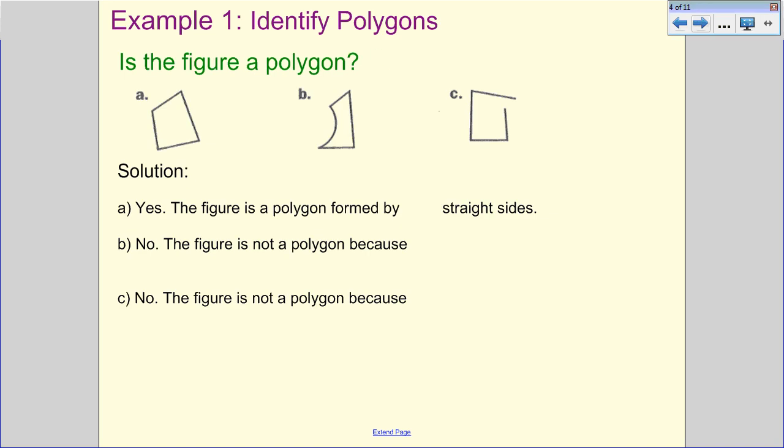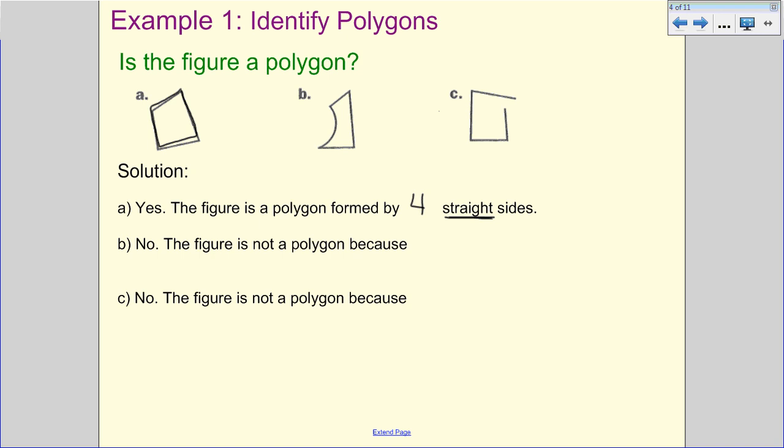Let's take a look at example 1. We want to know, is the figure a polygon? Remember, it has to have 3 or more sides, and the sides need to intersect. They need to be segments. So, number 1, we've got these sides here, as we trace that around. So it is a polygon formed by 4 straight sides. That's pretty important to keep in mind there.